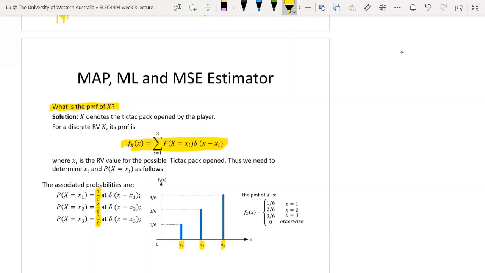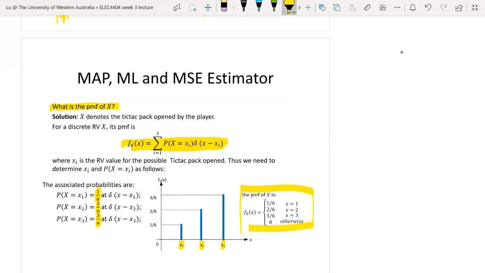And the height of these 3 impulses, you can see there are 3 blue impulses in the graph, indicates the corresponding probabilities of these 3 cases. Okay, so easy stuff. And at the rightmost position, you can see the mathematical expression of the PMF function for this question.